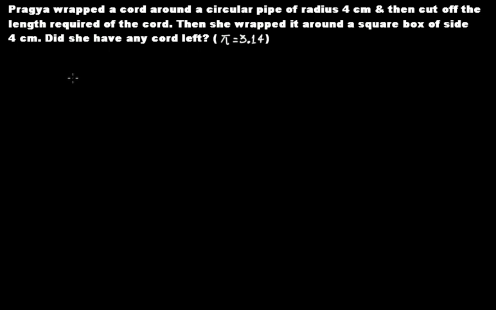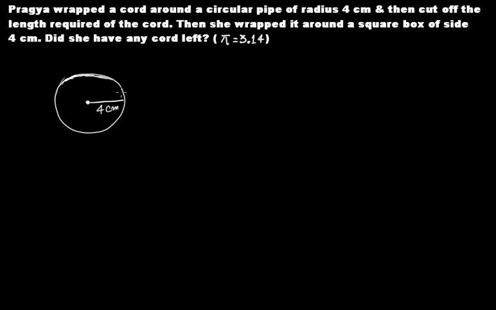Not a very perfect diagram, but just assume for our discussion that it's a perfect circle. So the radius of this circular pipe is how much? It is 4 cm. It's a top view, a superior view of the circular pipe.